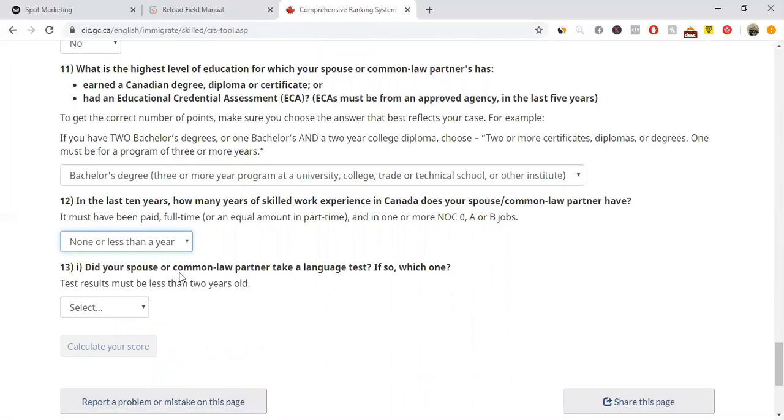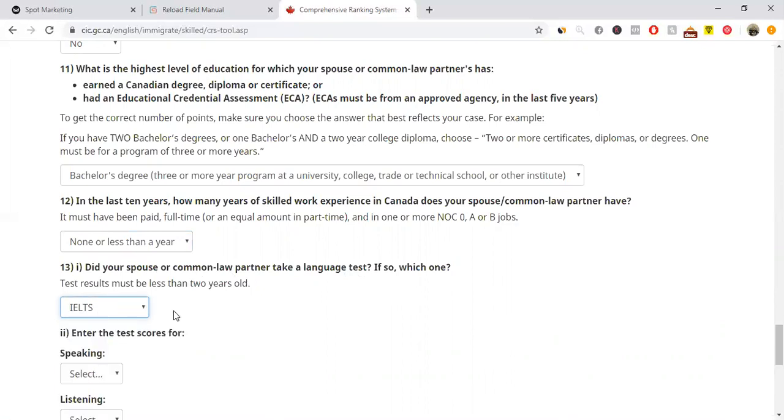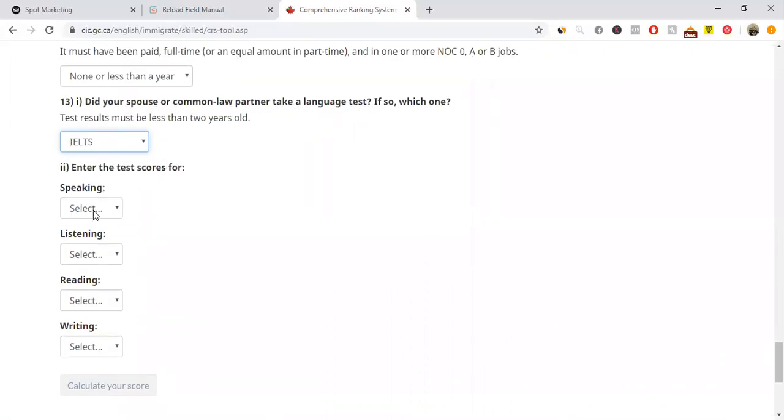Did your spouse take a language test? Yes. Now, if you're a married person and you are the only one writing the exam and your wife does not write the exam, you have a lower score. So your wife needs to write the exam too. So we are also going to give the wife 6.